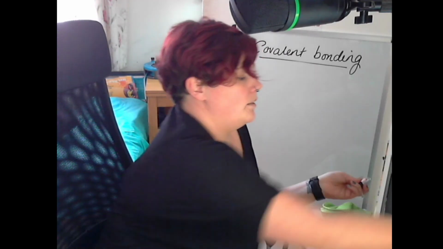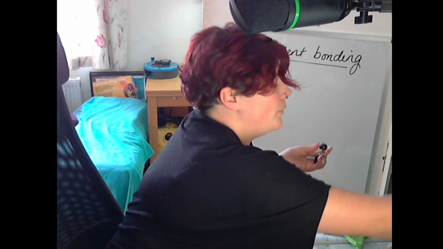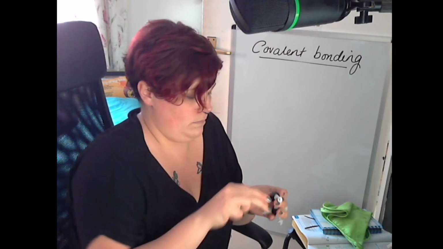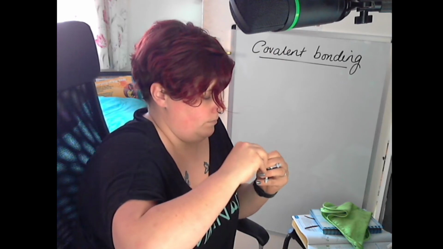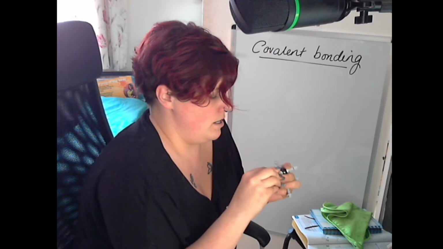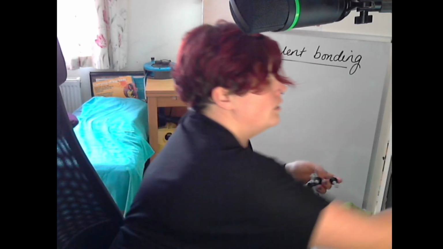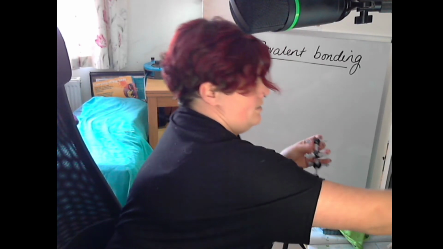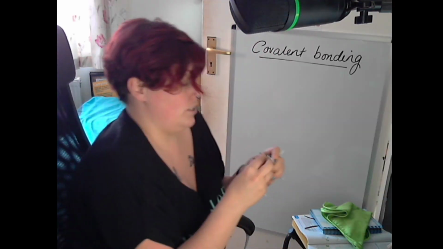Now in something like diamond, what you have is all carbon atoms, and you end up with what's known as a giant lattice. It's a giant tetrahedral lattice. Giant crystalline structure.